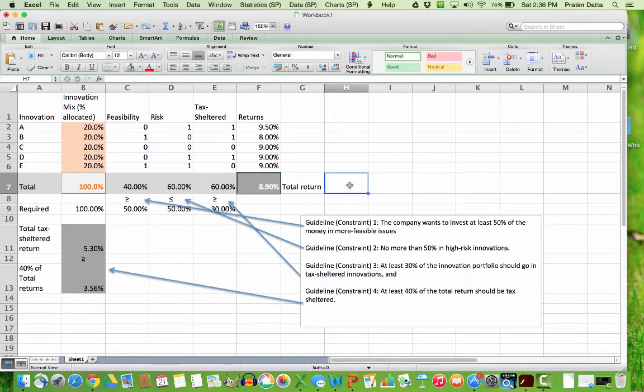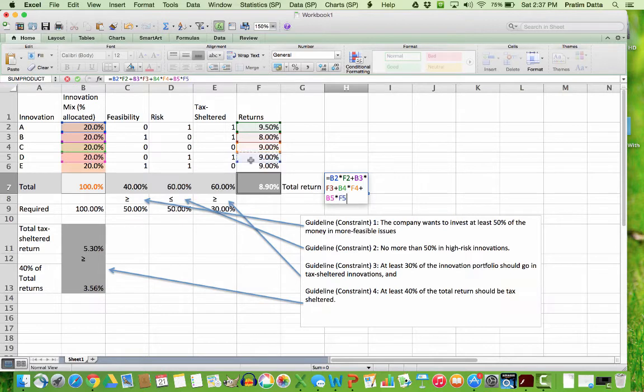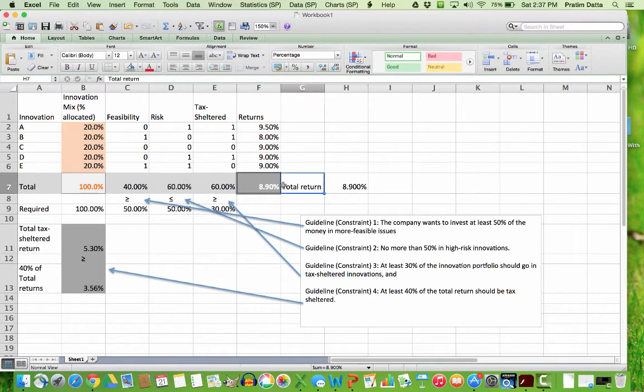The longer way of calculation is total return would be calculated as this times this plus this times this plus this times this plus this times this plus this times this, right? Which is exactly the same as what we find here. So instead we just used a sum product.